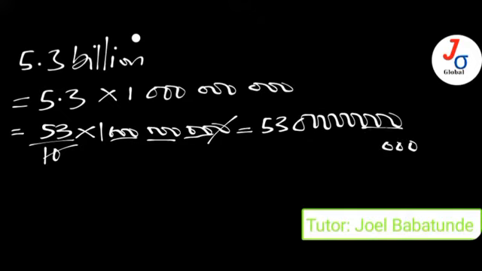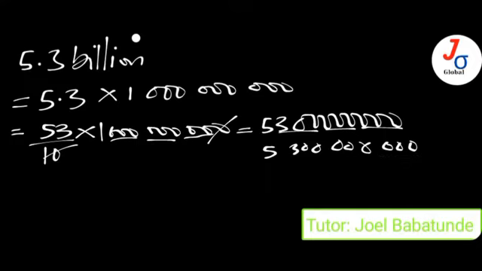That's this. Then 1, 2, 3. That's this. Then 0, 0, 3, that's this. Then 5. So what do we call this? This is 5 billion 300 million. So that's how we call that.